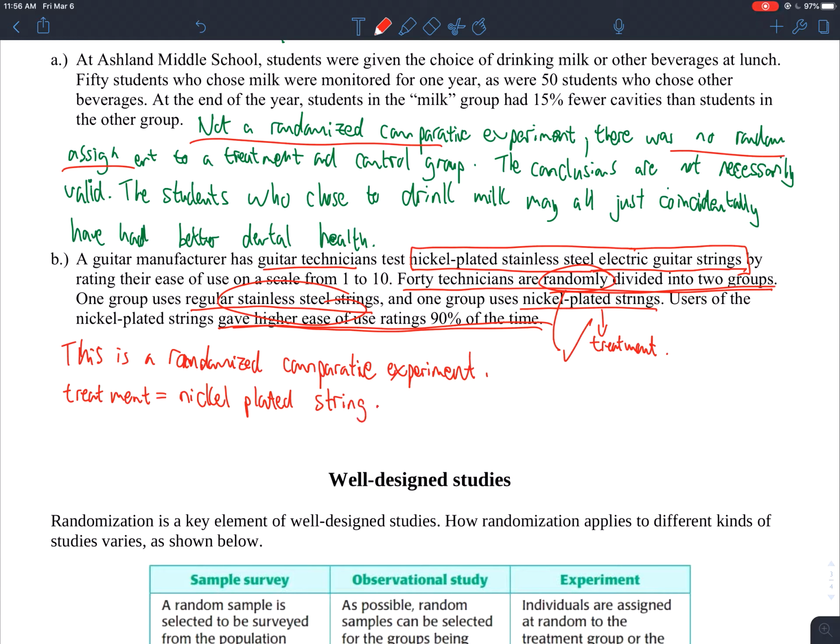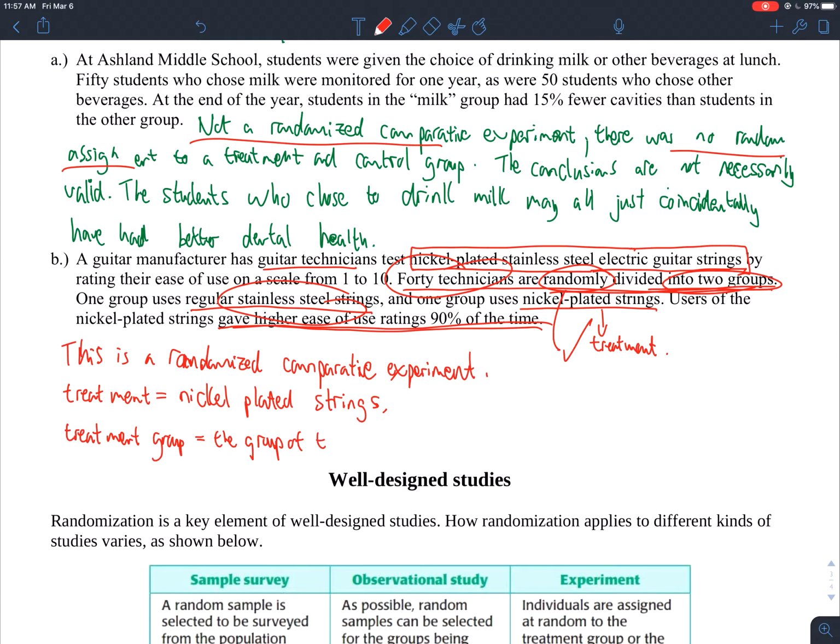Nickel-plated strings. The treatment group is who? 2 groups, 40 technicians. So it would be the group of technicians who use nickel-plated strings.